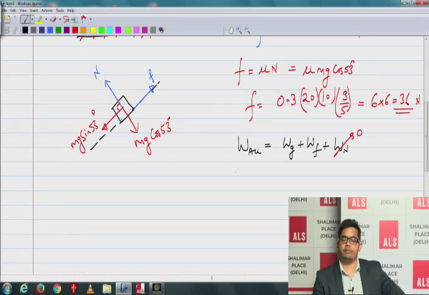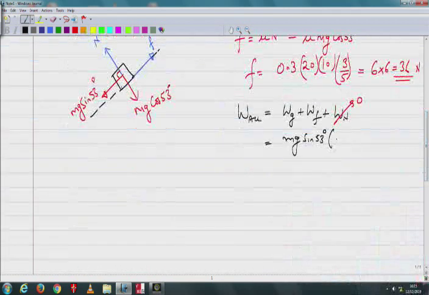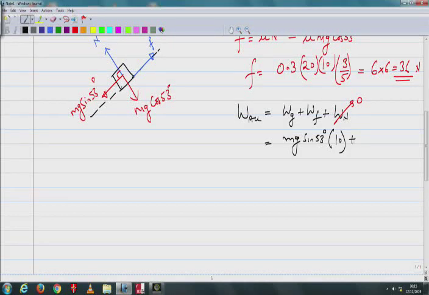What will be the work done by gravity? Work done by gravity is mg sine 53 into L, where the hypotenuse is 10. Plus the work done by friction will be negative, minus F into 10. Why negative?